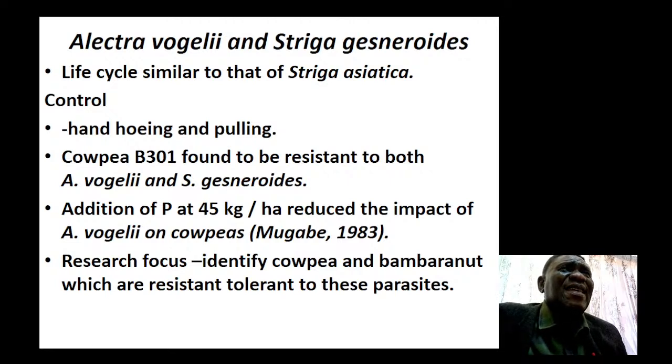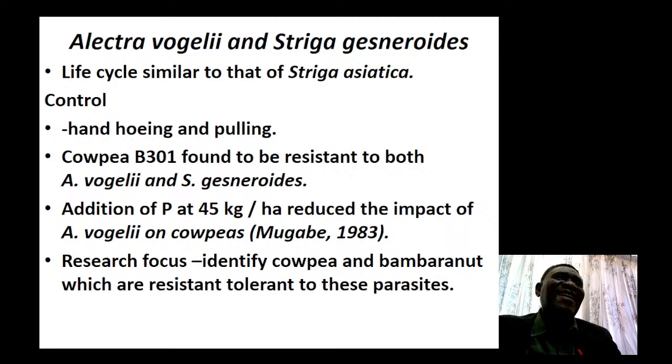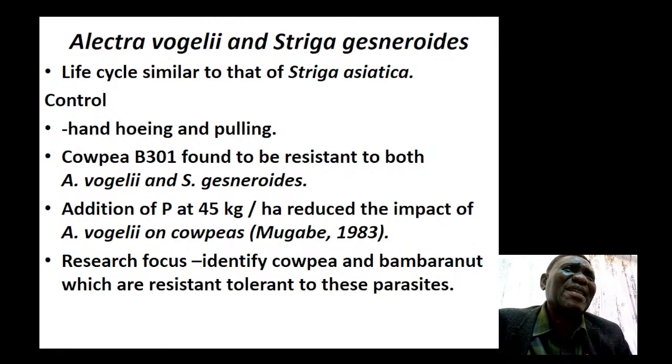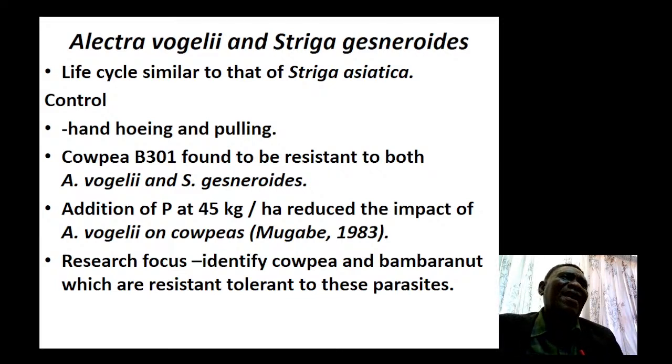Yeah, we have got these other parasites, Alectra vogelii and Striga gesnerioides. They have a similar life cycle to that of Striga asiatica. The control is also challenging, although we can use hand hoeing and pulling, but there are limitations. You may be interested to know that cowpea B301 was found to be resistant to both Alectra vogelii and Striga gesnerioides.